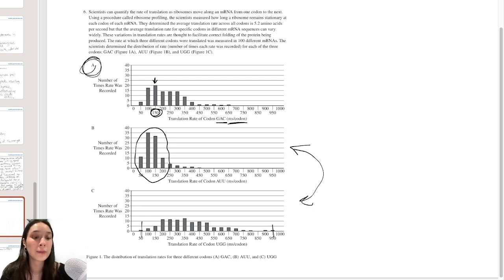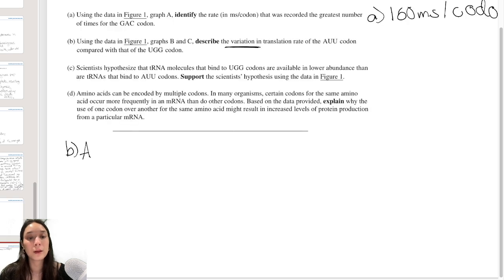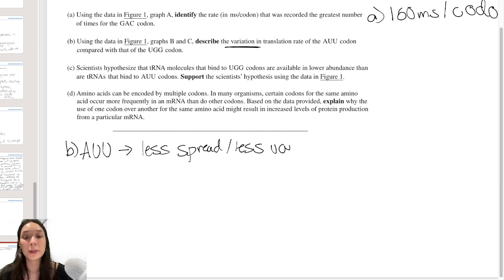So I would say that AUU, our graph B, is less spread out, or you can say less variation, or more specific.